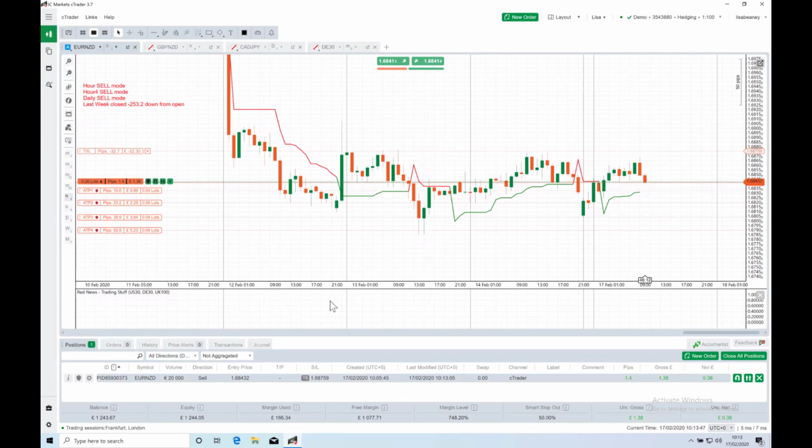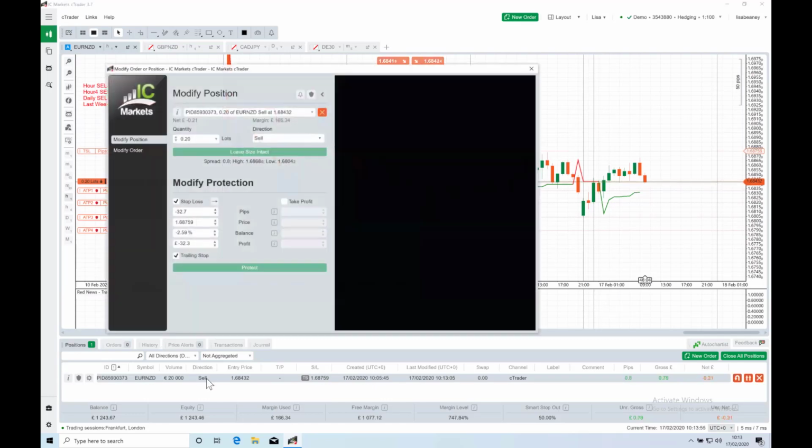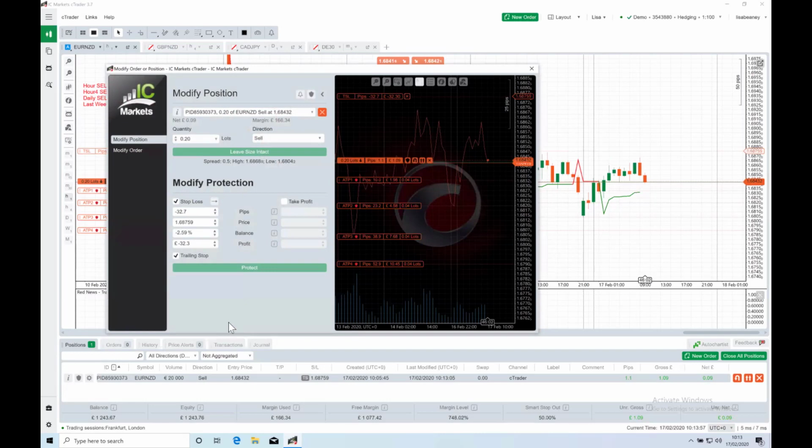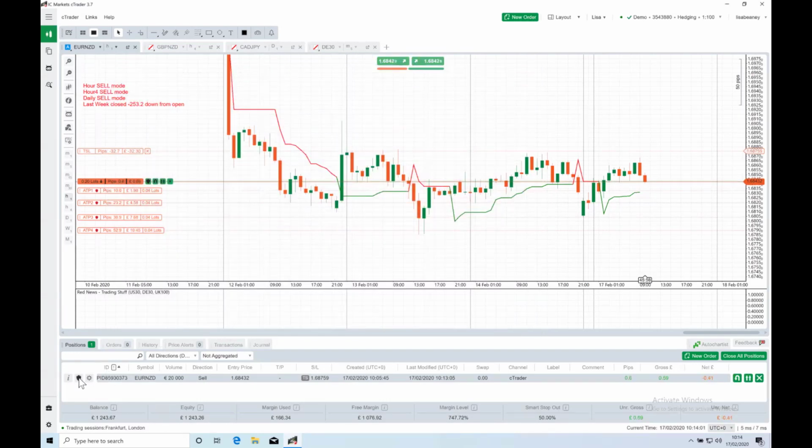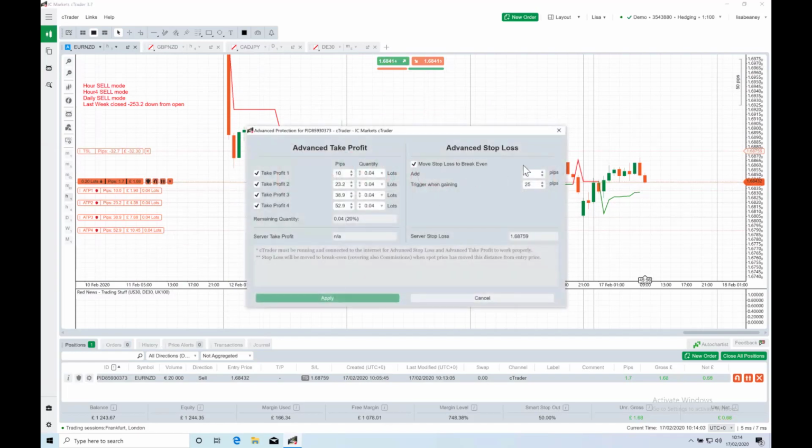From what I've seen so far, Nick, yes, it does take the spread into consideration when it moves to break even. The other thing that I've been doing on that, going back to James's methodology, is adding a pip so that it's always going to lock in another pip for me.